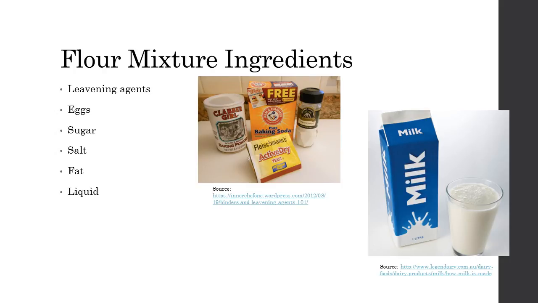Fat added in flour creates a more tender crumb because it interferes with the formation of gluten. Liquids are needed in flour mixtures in order to hydrate the flour and to gelatinize the flour starch content.